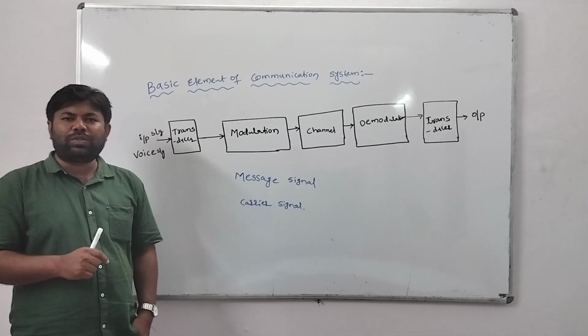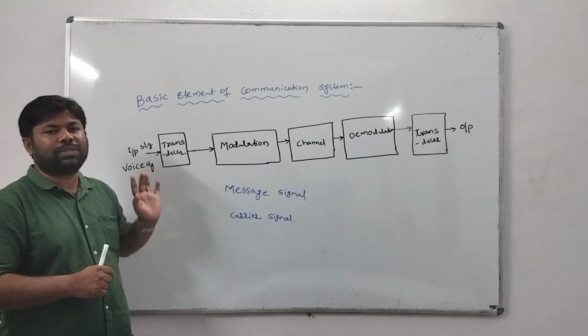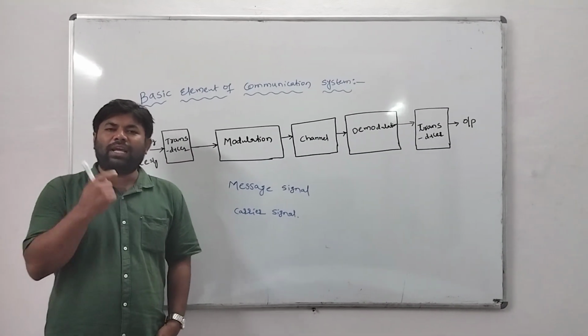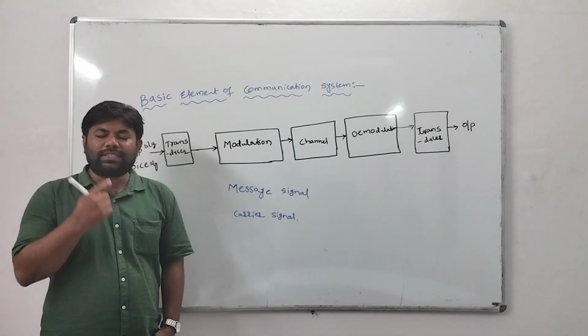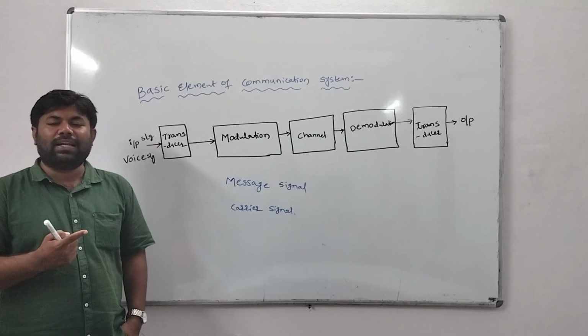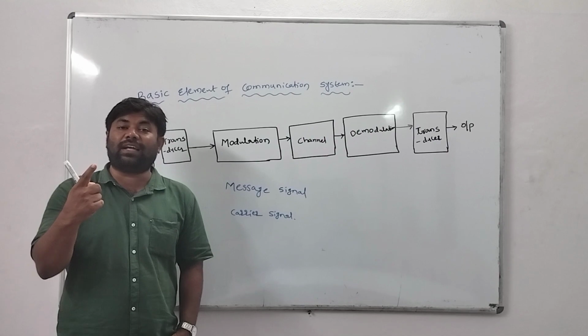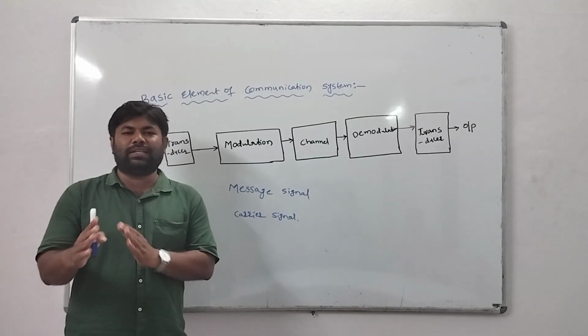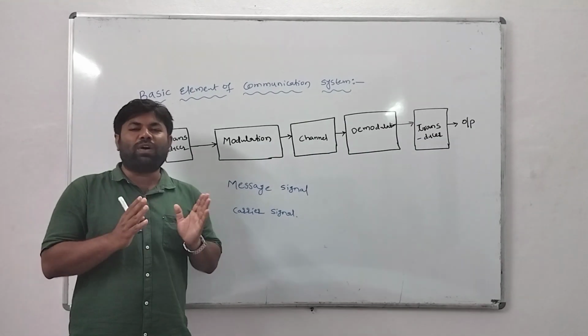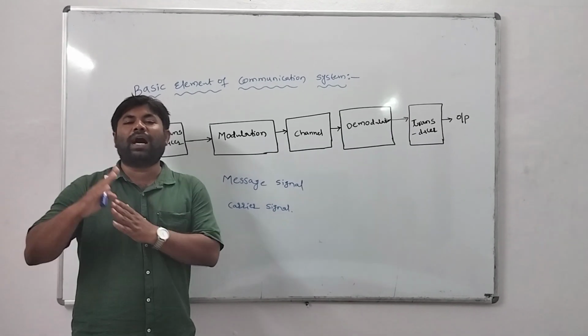Now that input signal is given to the transducer. Generally, the voice signal is a non-electrical signal. To convert this non-electrical signal into an electrical signal, we use the transducer. A transducer converts one form of energy into another form.